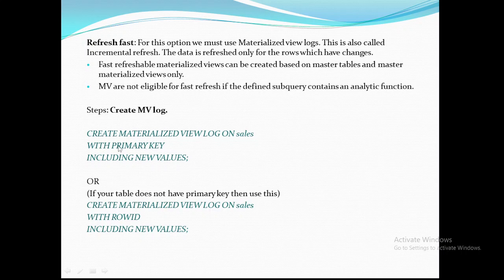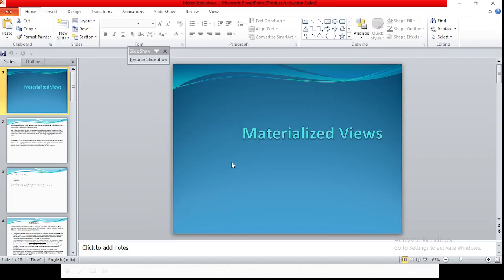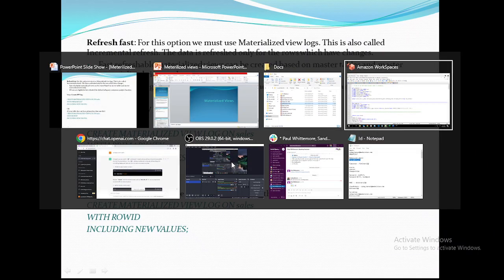If we are using the primary key in those tables, we can use the option with primary key. If we are not using the primary key, then we can use with rowid and including new values. So this is how we do it. Okay, so let's go to the lab and see it.